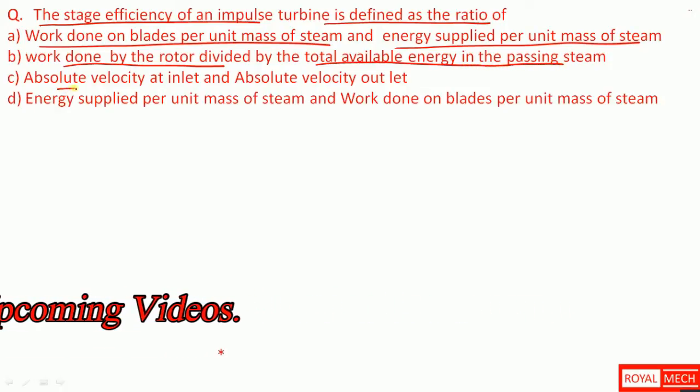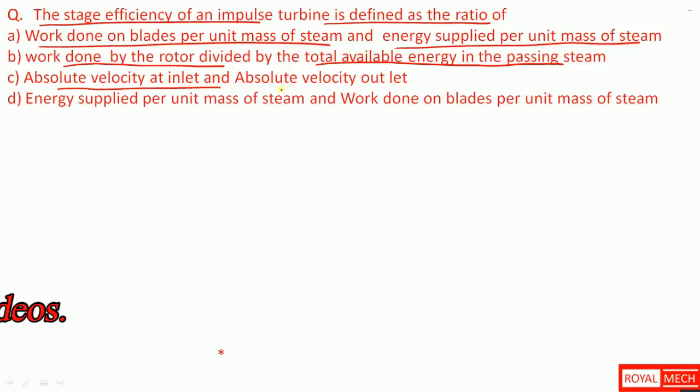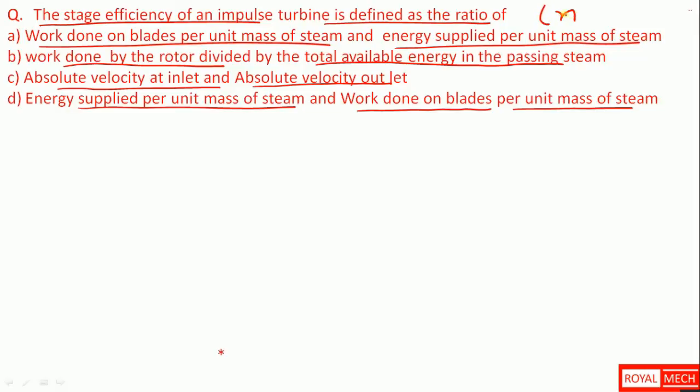The third option is absolute velocity at inlet and absolute velocity at outlet. Here the question is about stage efficiency, that is eta S.